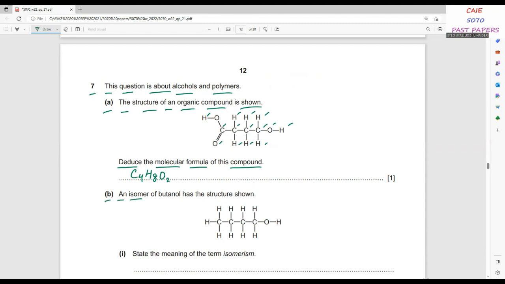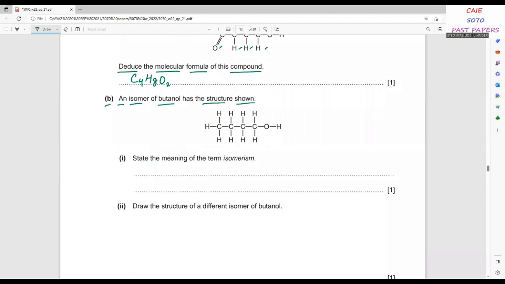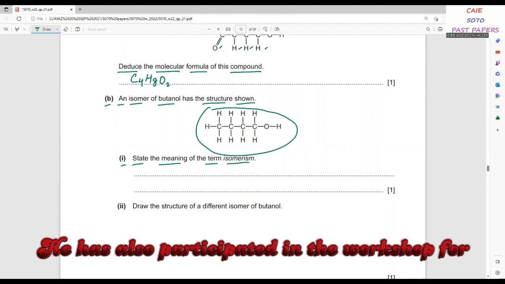B. An isomer of butanol has the structure shown. Number 1, state the meaning of the term isomerism.